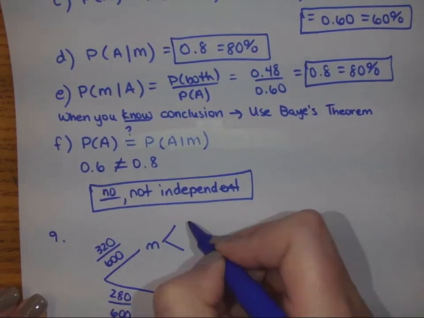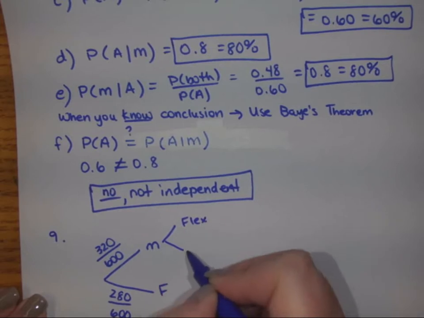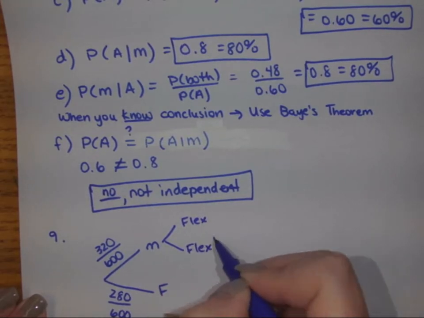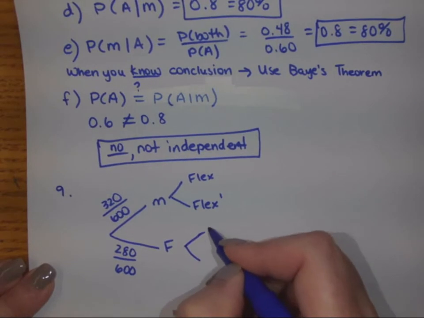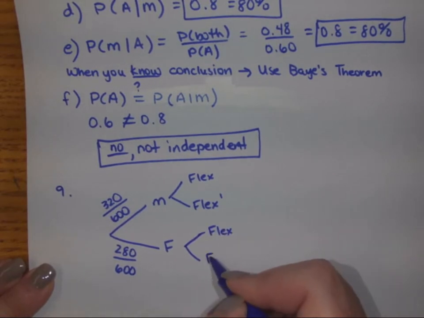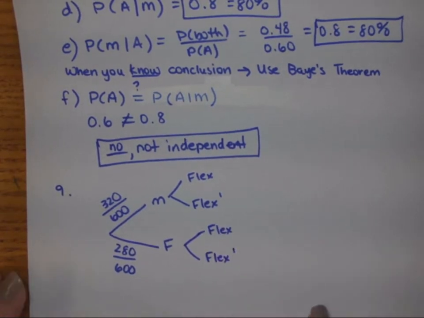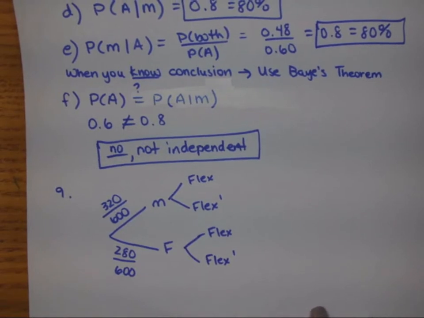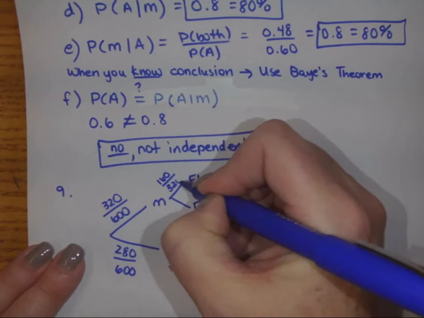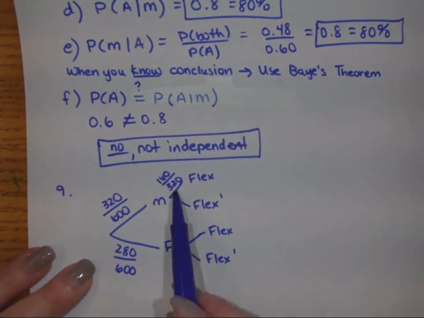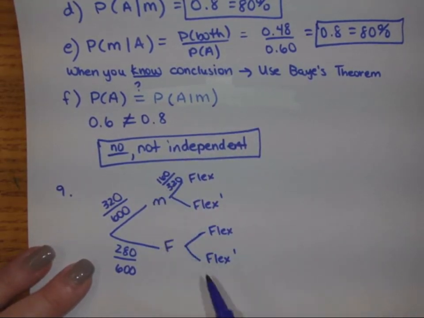And then you have employees that are either on the flex schedule or not. So I'm going to use that not notation where you put the 1 there. And then the same with the females. They can be on flex or not. And you can fill these in too. So notice 160 of the men, right? So 160 of the 320 men are on flex, which means all you'd have to do is subtract these two to figure out how many weren't.